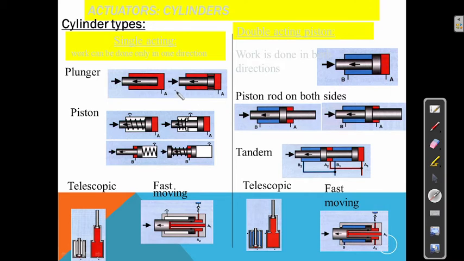In the single acting cylinder there is only one rod, but here there are two rods, here as well as here. This is a piston type, and this one is tandem with the double acting cylinder. Here the telescopic with double acting, and the fast moving one also has a double acting version.